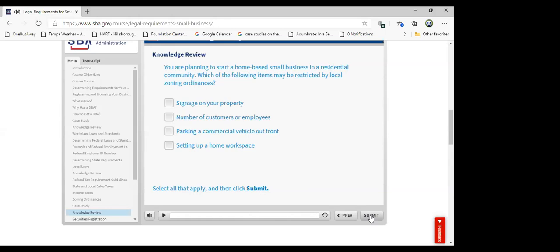So, anybody want to throw out what should be the correct answer? The first one. Let's hit that one and let's see what they say. Let's talk about it, let's brainstorm it. Because you don't really know how many customers you're going to have, really.